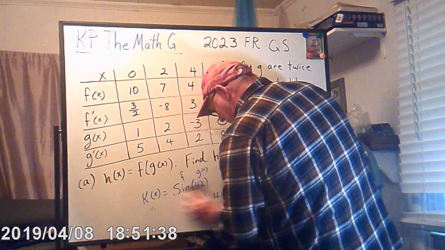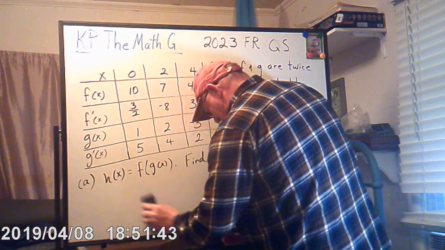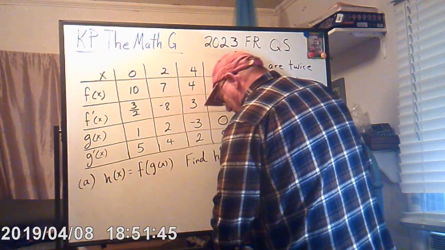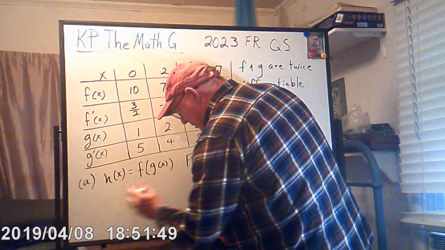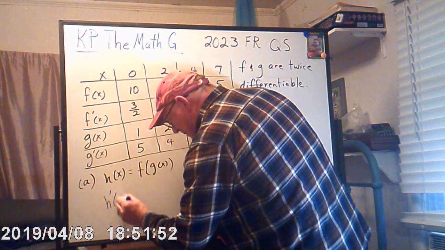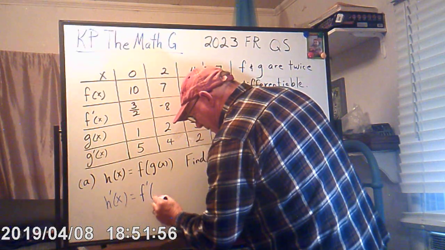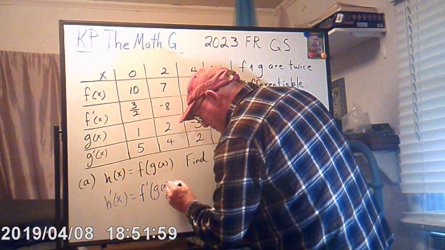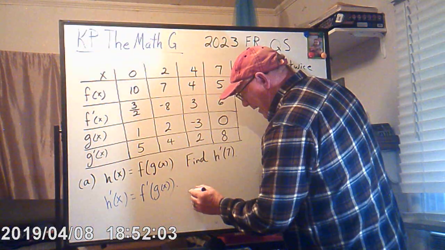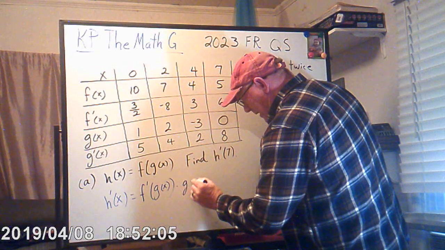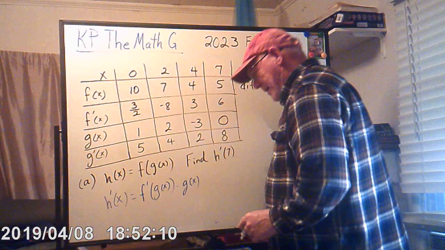So that's the idea behind this one here. So what we're saying here, by definition, we're going to find h prime. So we've got to take the derivative of this. So h prime at x is going to be F prime at G at X. Do nothing to the G at X at first. And then now times G prime at X. So let's see.